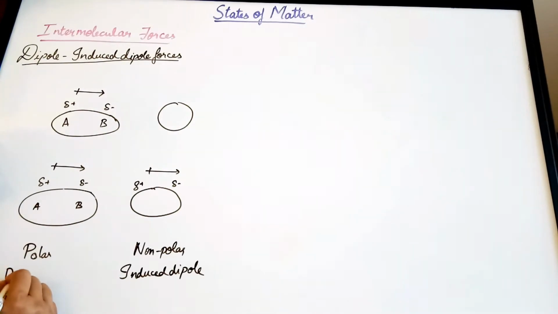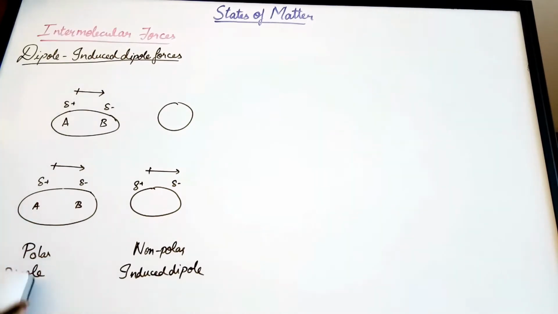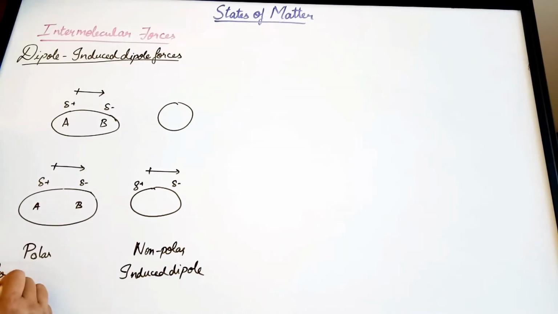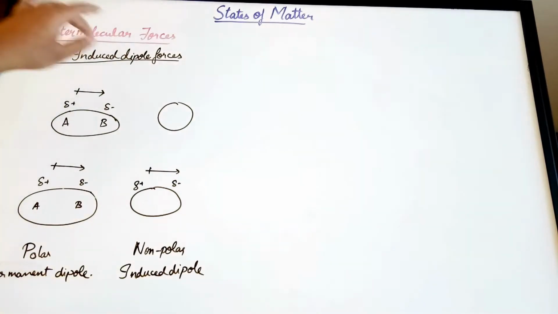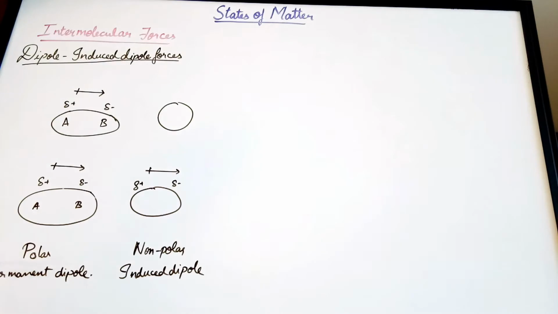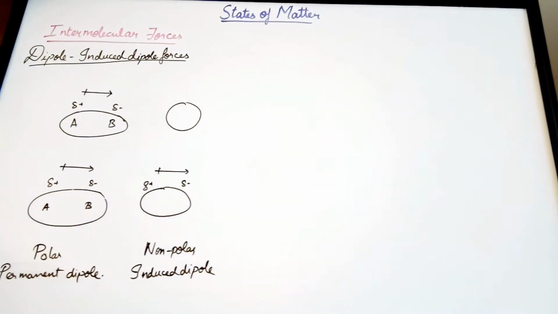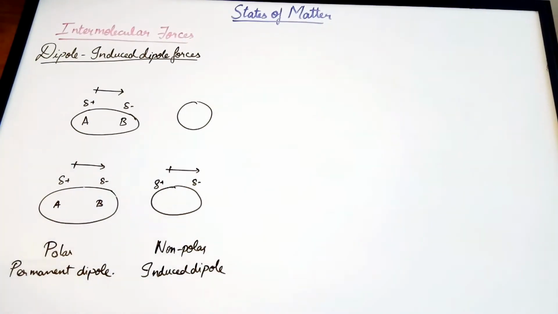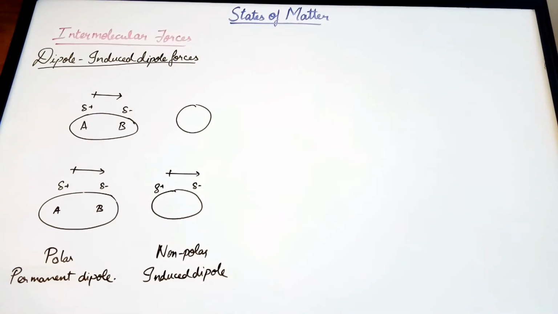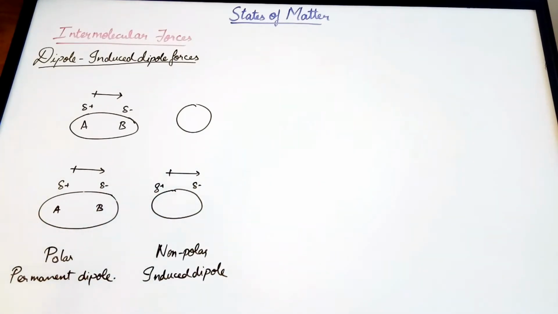So here you have a permanent dipole. This particular dipole and induced dipole force is observed between polar molecules which have a permanent dipole and non-polar molecules which do not have a dipole. So that's why there is an induced dipole forming.